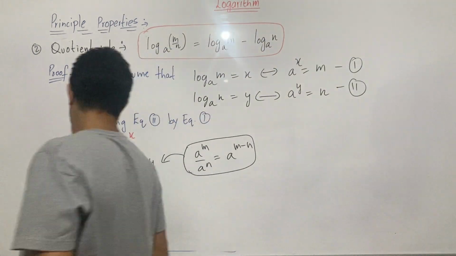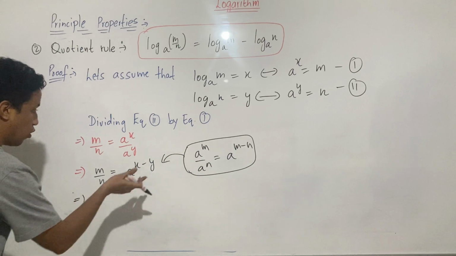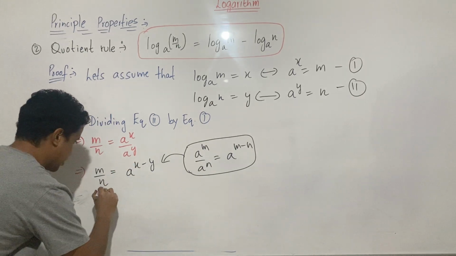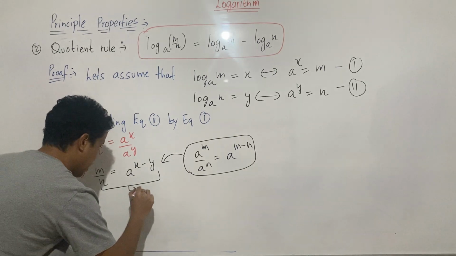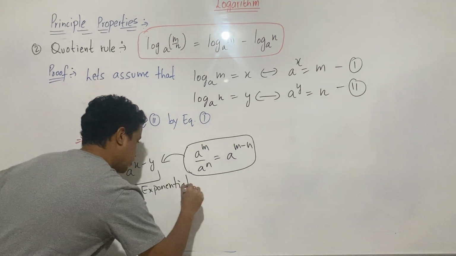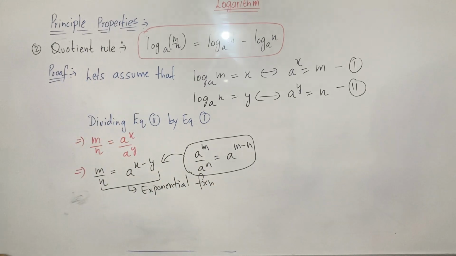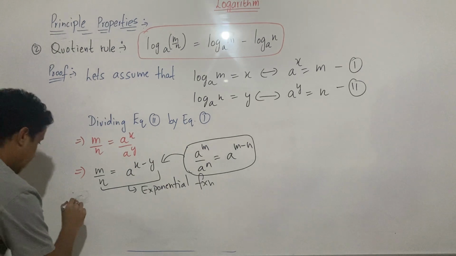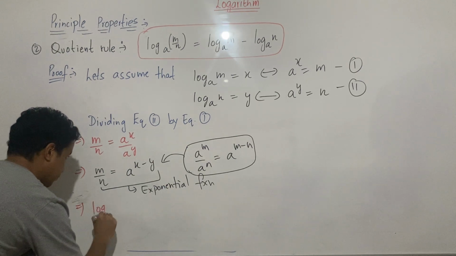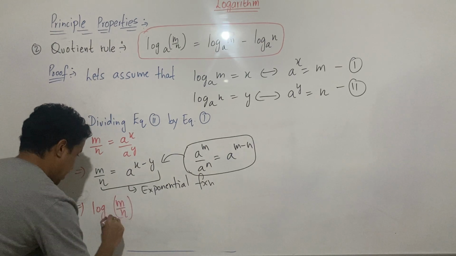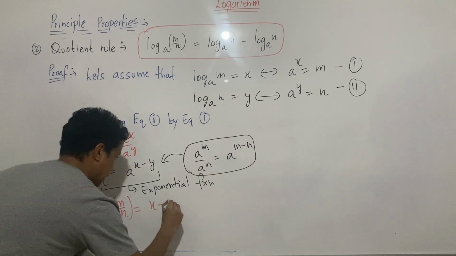Then this represents an exponential function. And if I have to change it into the logarithmic form, it will be log m by n to the base a is equal to x minus y.